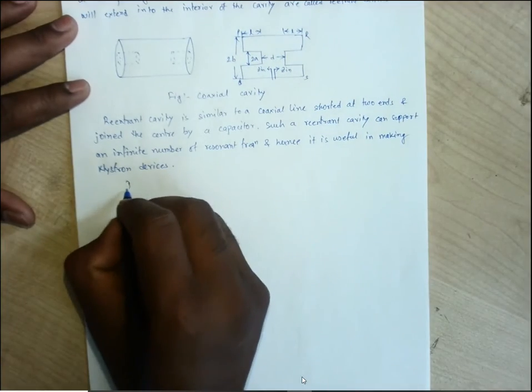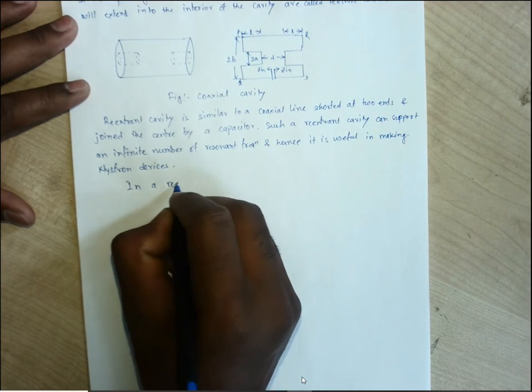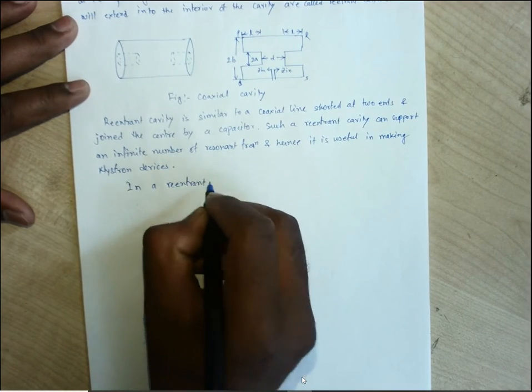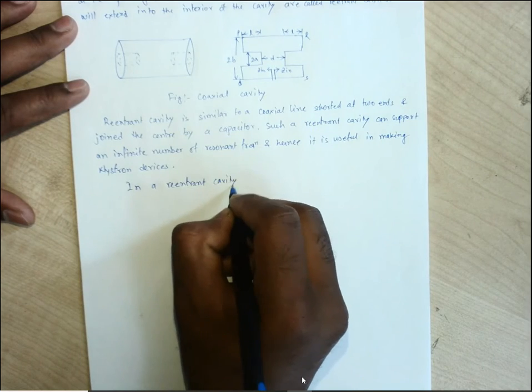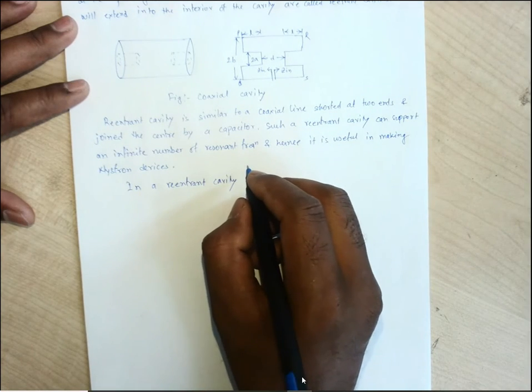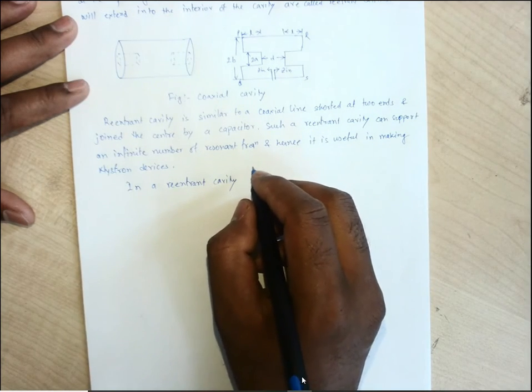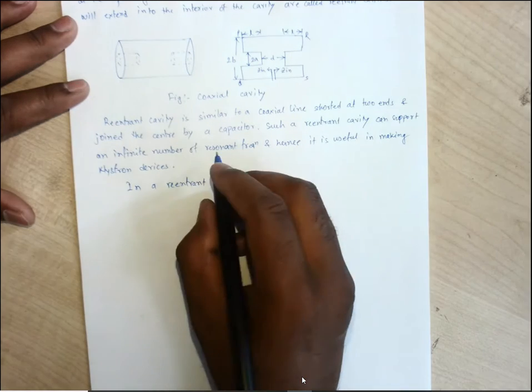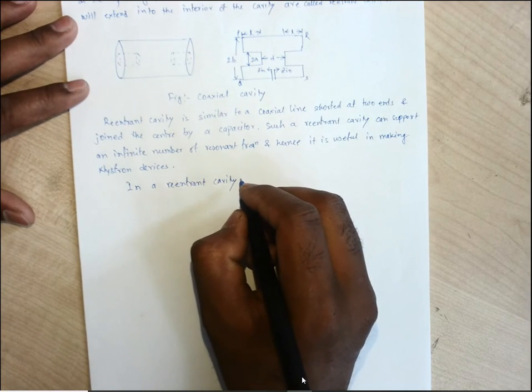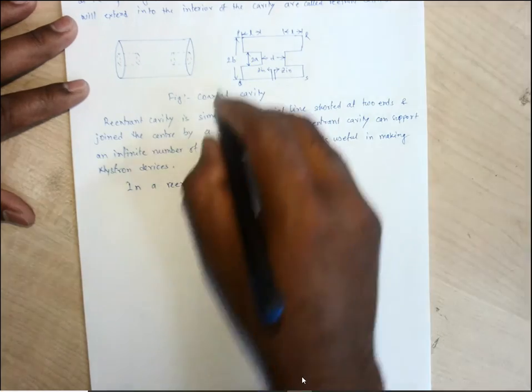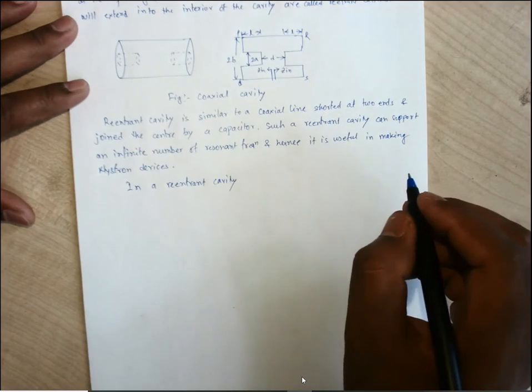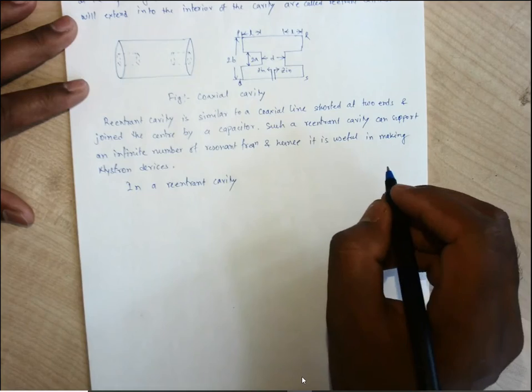Now, in a re-entrant cavity, the inductance and capacitance are reduced, not capacitance, it is resistance. Because of this metal portion we can reduce the inductance as well as associated resistance.